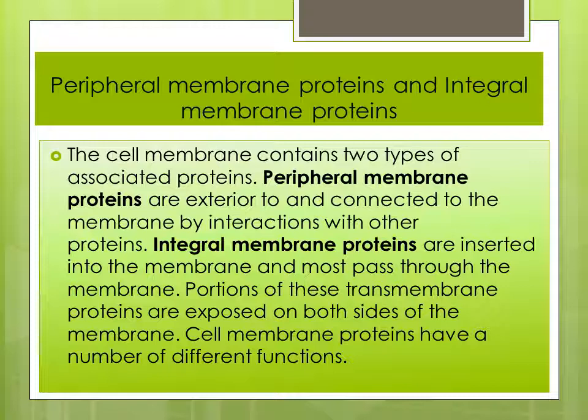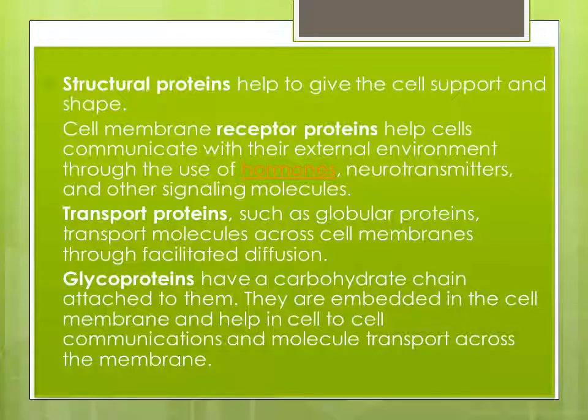Cell membrane proteins have a number of different functions. Structural proteins help to give the cell support and shape. Cell membrane receptor proteins help cells communicate with their external environment through the use of hormones.